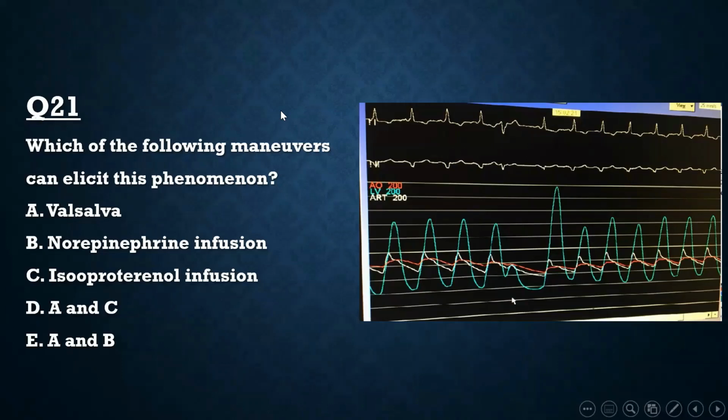Blood pressure is high and peripheral vascular resistance increases. This leads to a drop of the pressure across the LVOT in a patient with HOCM. So it is out.